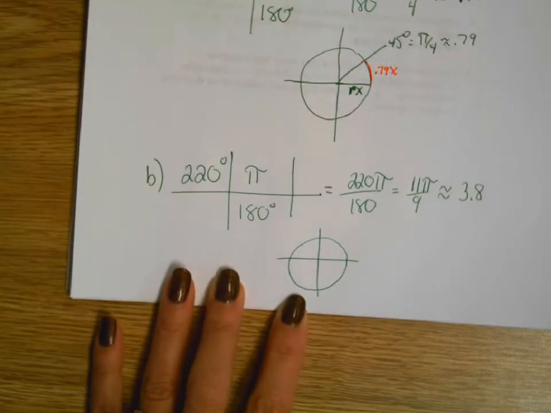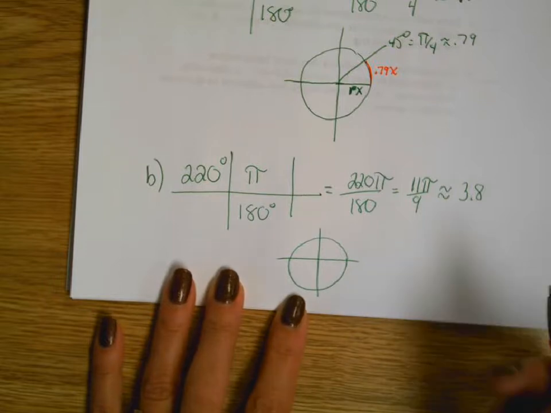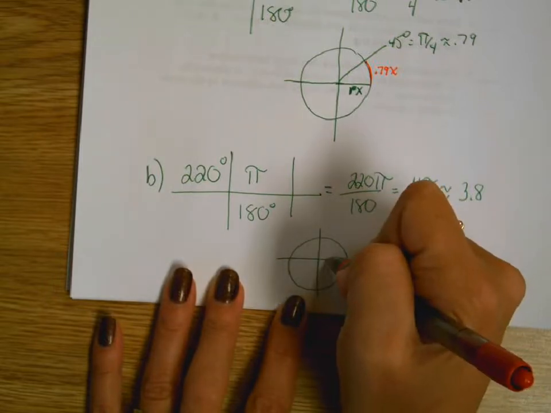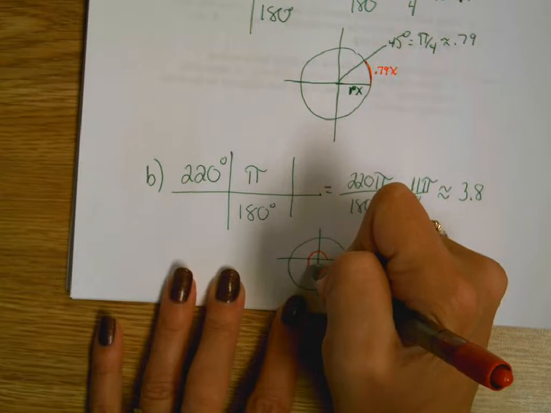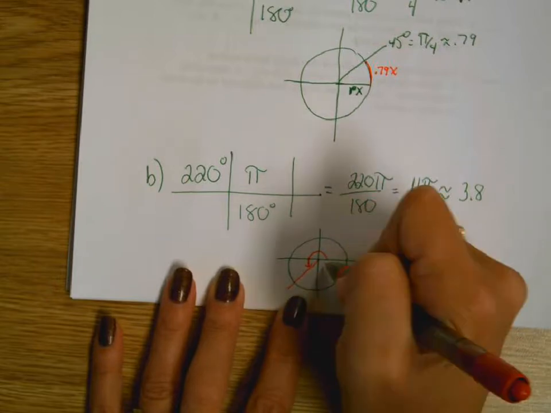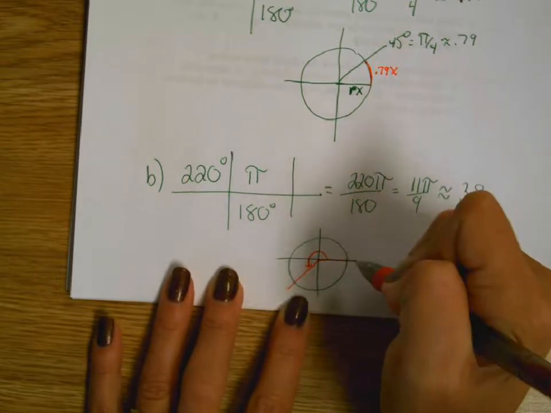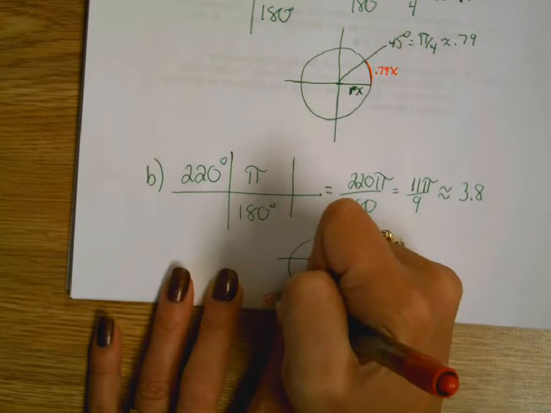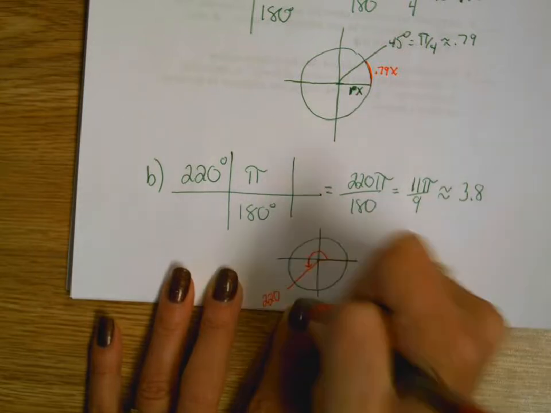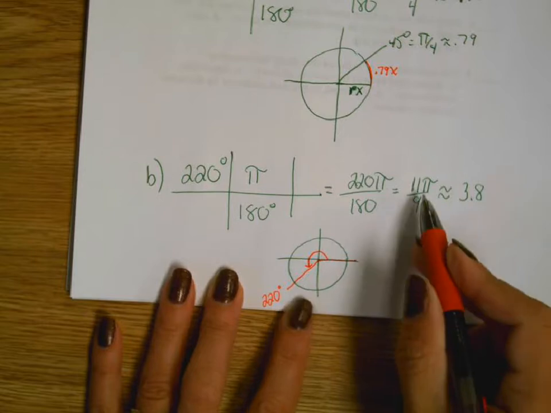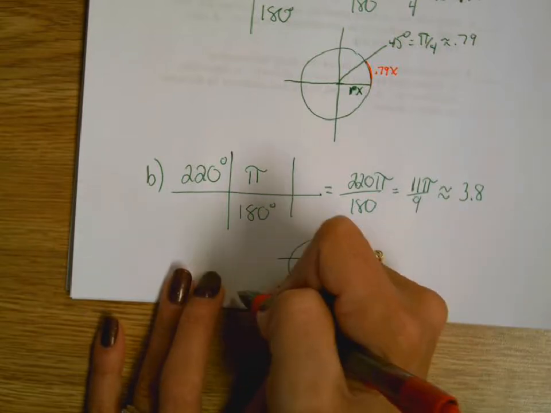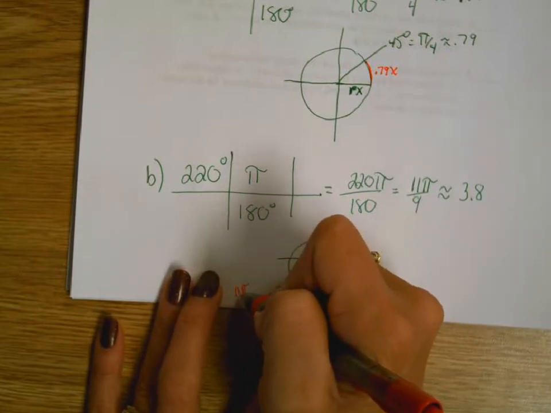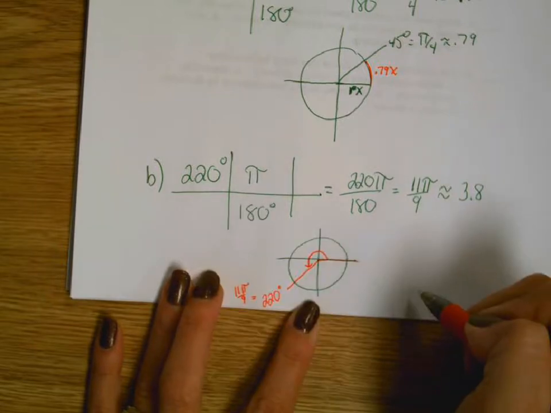First 220. What quadrant is 220 going to land in? Third. 180, a little bit past. So there's my 220. I now can call it 11pi/9. And what's that representing?